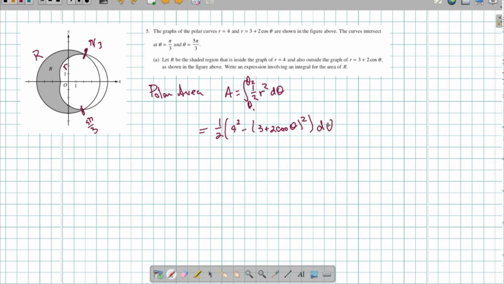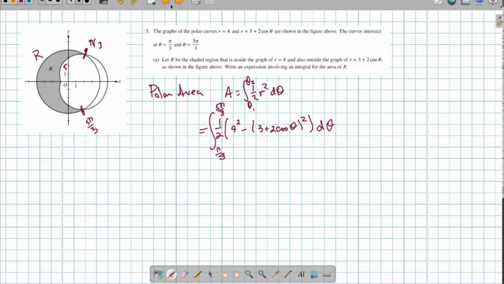And I'm going to integrate that with respect to theta, and they told us the limits were pi over 3 and 5 pi over 3. So I've got an integral that expresses the area. The area of the outside circle, 1/2 r squared, minus the area of the cardioid, which is 1/2 (3 plus 2 cosine theta) squared.